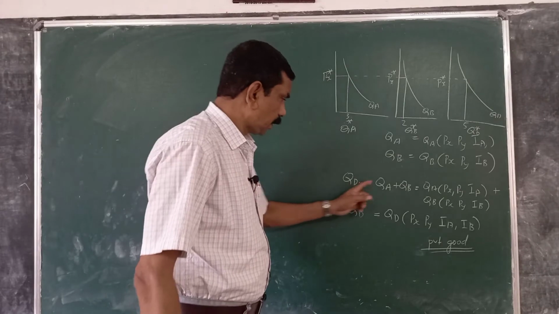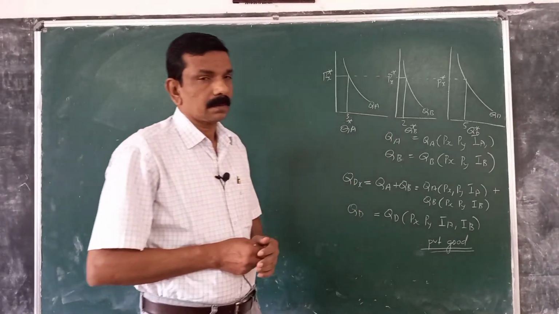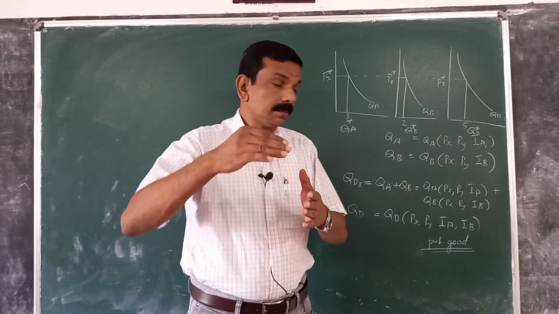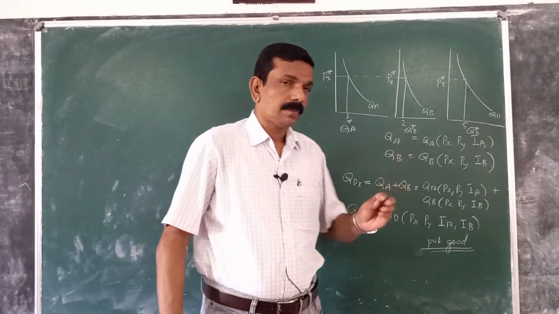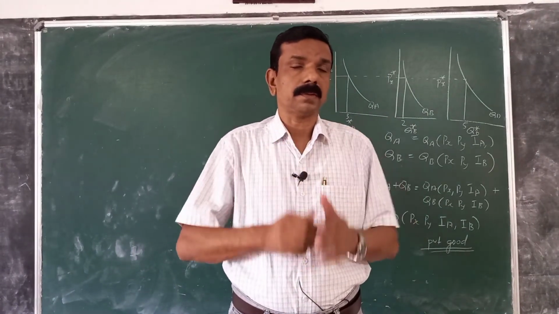So, quantity demanded of X is, we assume that for both A and B, X is an ordinary good.